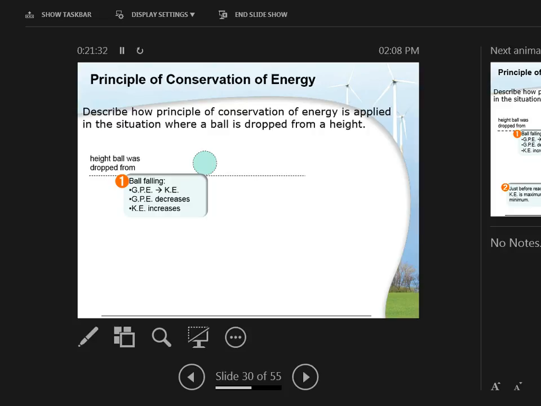Half is a constant. Does the mass of your basketball change? It doesn't change. So what must change? Speed. KE increases, meaning half mv square increases. Since your half cannot change, m cannot change, therefore v must change. So what can you tell me about the speed of the basketball when you release it until it hits the ground? It increases in speed.